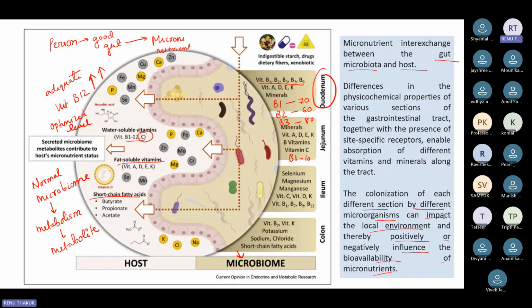So they will synthesize whatever micronutrients are required to perform the normal metabolic machinery of an individual. This diagram shows that for every microorganism there is a limit: you have to synthesize this, you have to synthesize that.